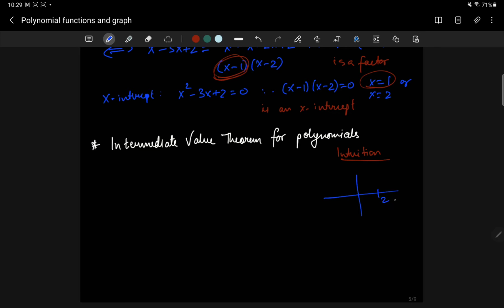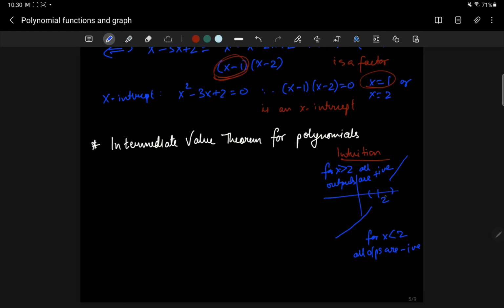Let's say I hide 2 and some areas near 2, but I tell you that for x less than 2, all outputs are negative, and for x more than 2, all outputs are positive.